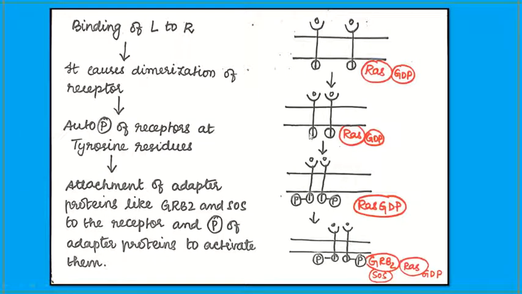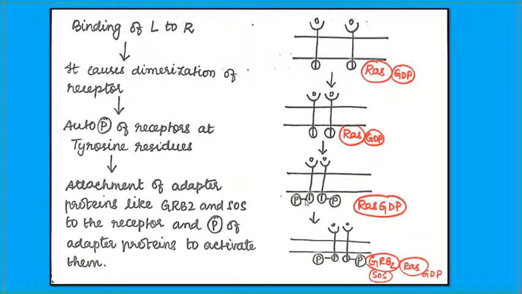Now, when the receptor is phosphorylated and active, our adapter proteins will come and bind. Those are the GRB2 and SOS proteins. GRB2 and SOS are adapter proteins that will come and bind to the phosphorylated receptor, and these adapter proteins will be activated by this receptor.